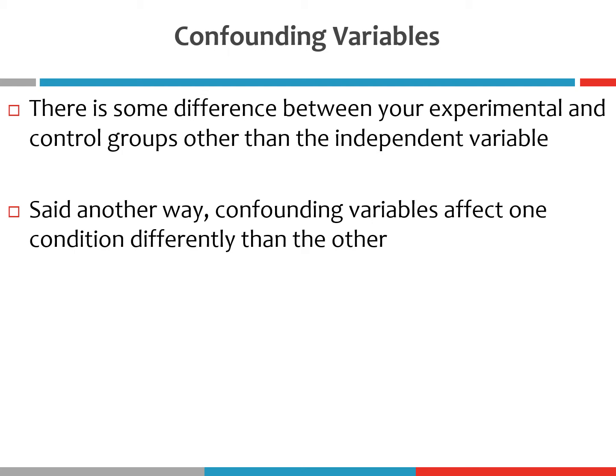Just like the independent variable affects the experimental group and doesn't affect the control group, confounding variables affect one condition differently than the other, right? So let's take a look at some examples.